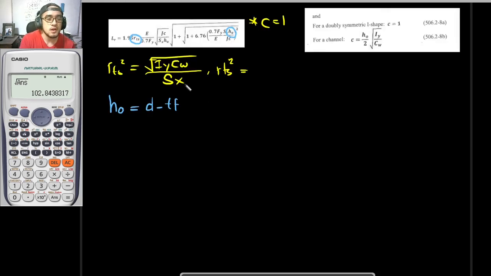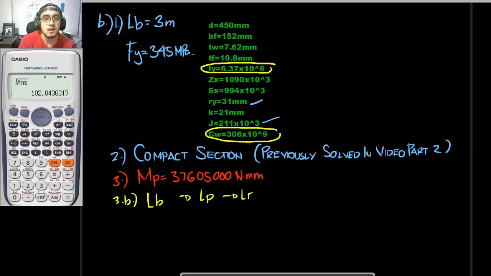Okay, so for us to solve for the value of rts, substituting known values, our moment of inertia about the y-axis is equal to 6.37 times 10 raised to 6. If you look at it here, that would be Iy.